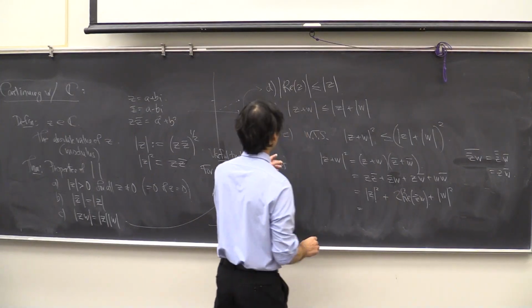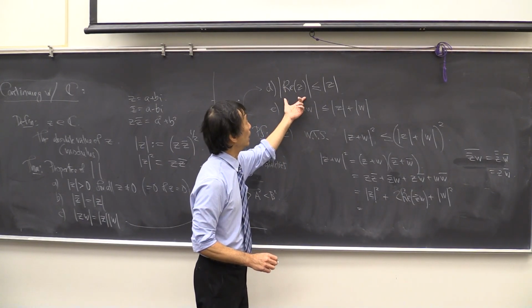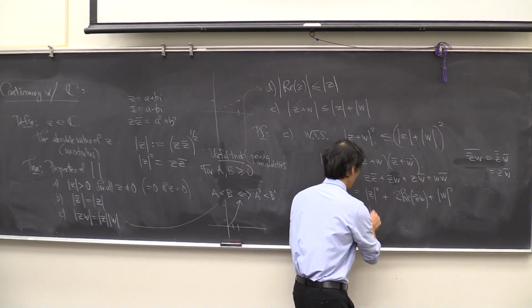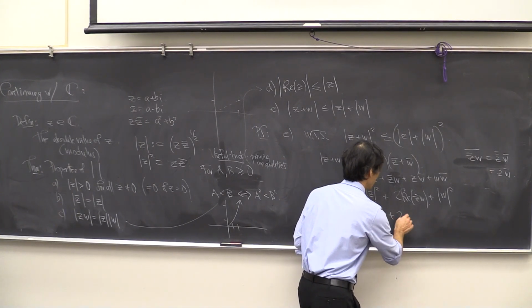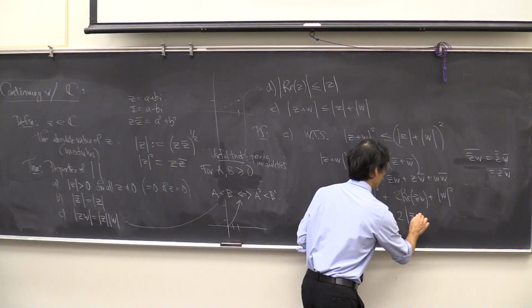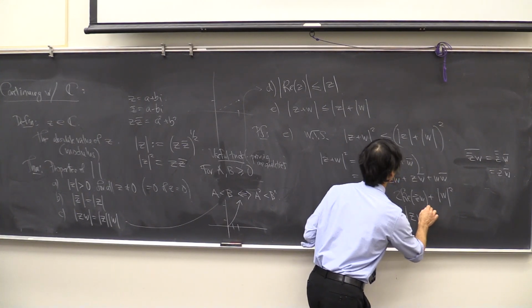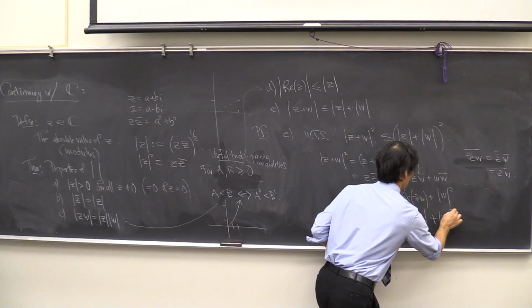And what we just said was that the size of the real part is smaller than the size of the thing itself. So we invoke that. We get that this is less than or equal to this plus twice the size of this, plus this.